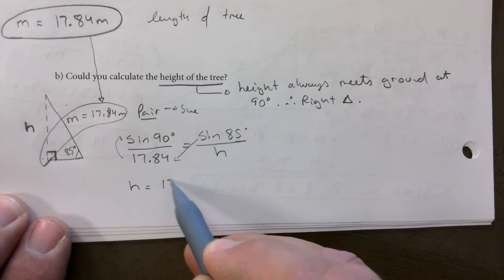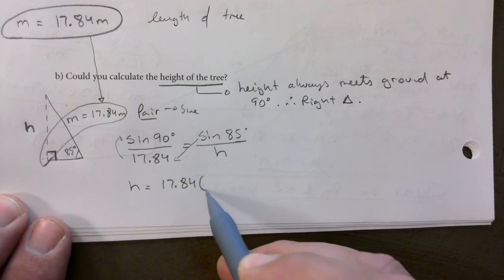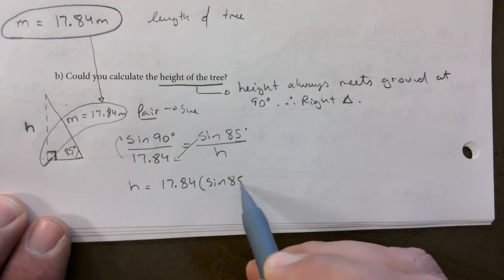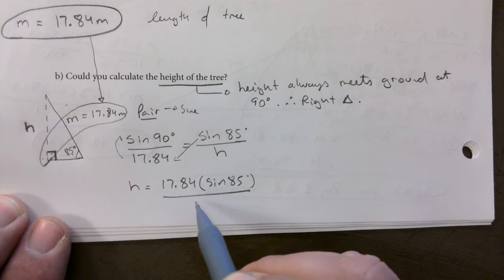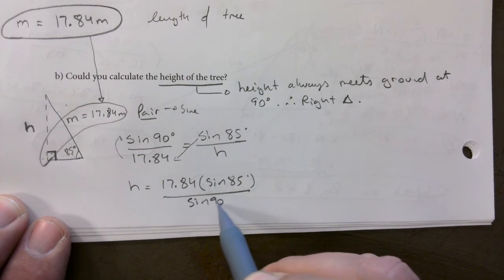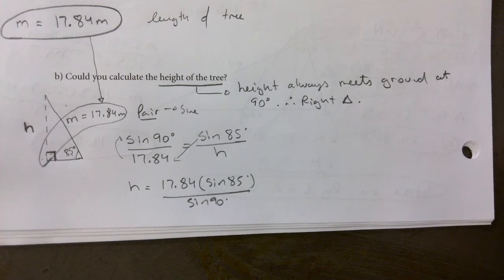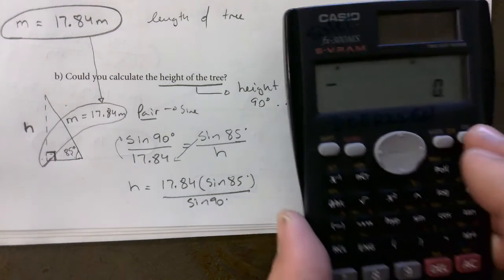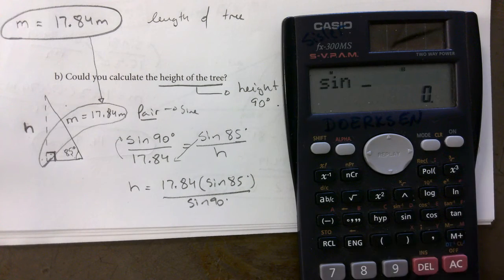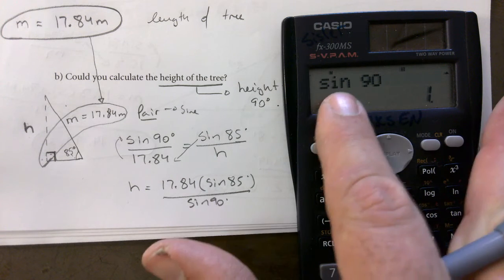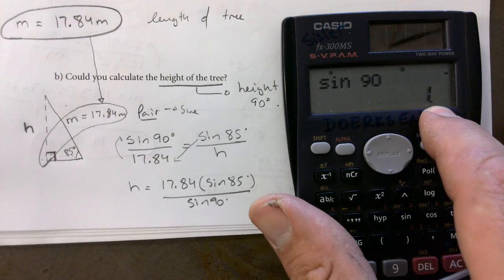17.84 times sine of 85 divided by sine of 90. Before you calculate this, just so this sticks, press sine of 90. What do you get? You get 1, right? So sine of 90 degrees is always 1.